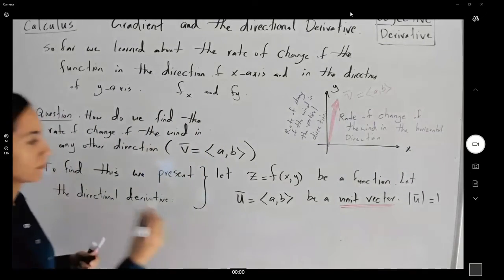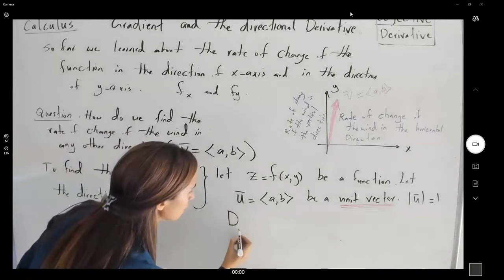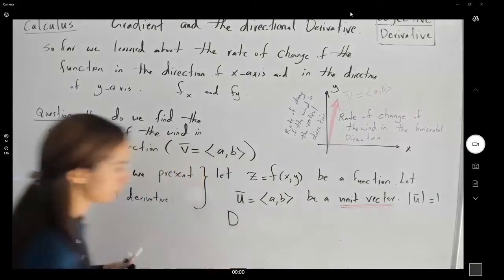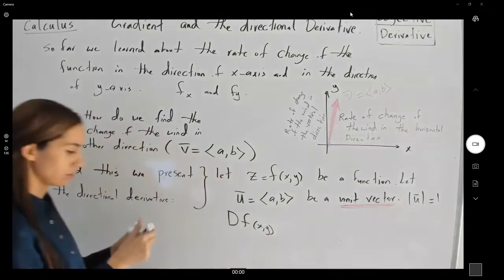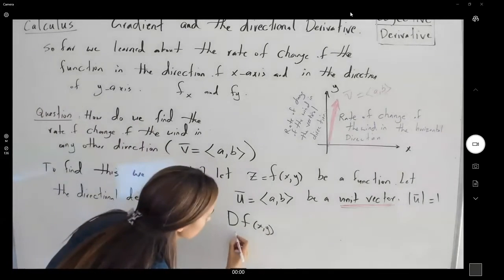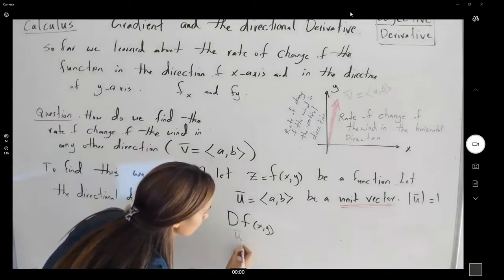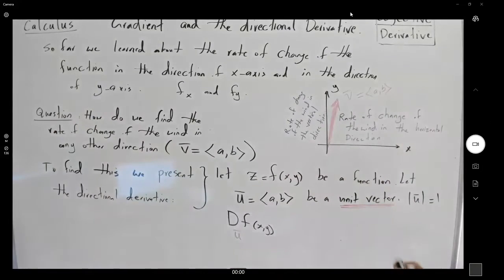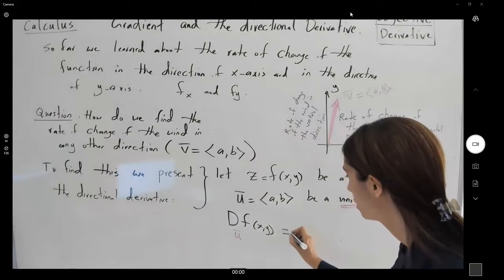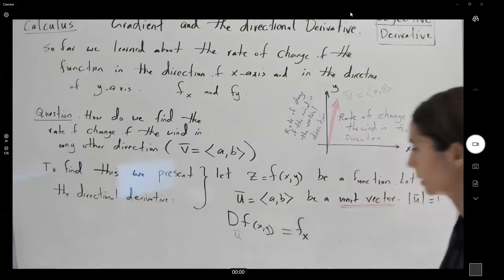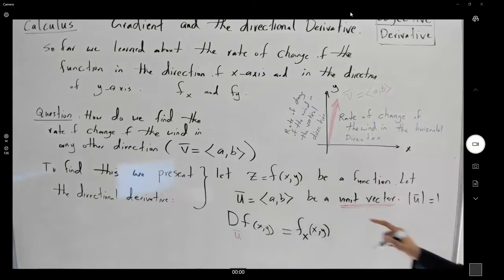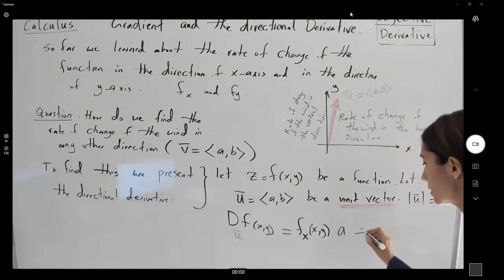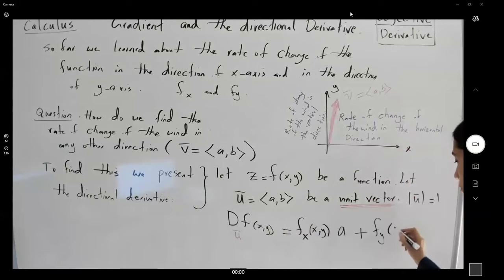The directional derivative of your function f in the direction of your vector u is equal to the partial derivative of f with respect to x times the first coordinate of your vector, plus the partial derivative of f with respect to y times the second coordinate of the vector.